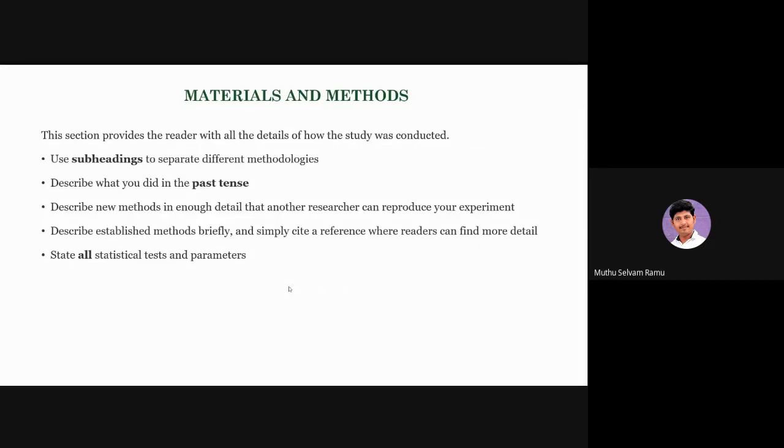The last one is the statistical test and parameters. You have to mention what statistical tests you have used for that particular manuscript. If there is use of some software, you have to mention what software you used for making diagrams, for recording the microscopic images, for recording the data, for analyzing the data.